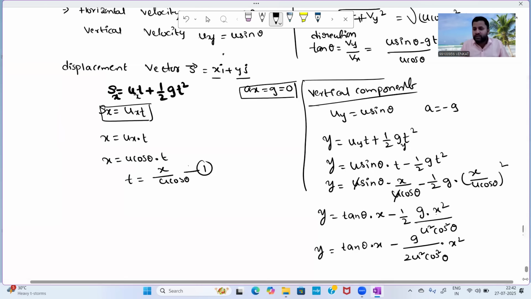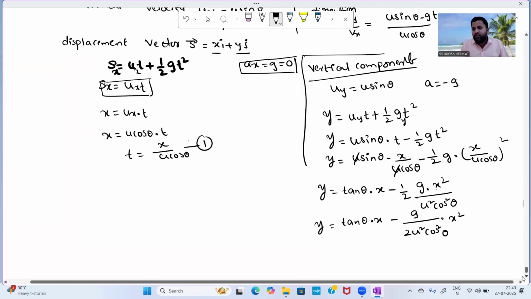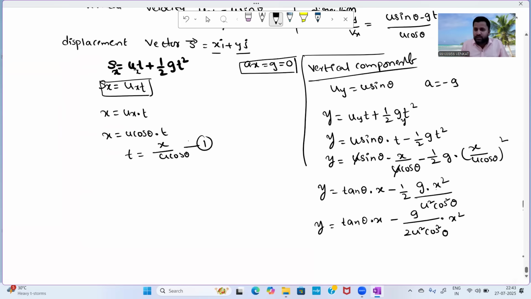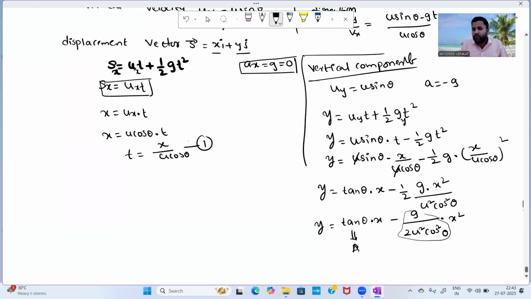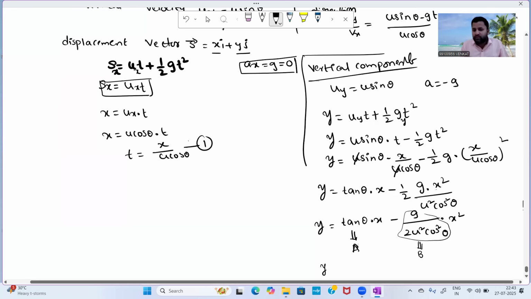This equation is called the trajectory equation. Assume tan theta is a, and g by 2u square cos square theta is b. Then you can write y equal to ax minus bx square.